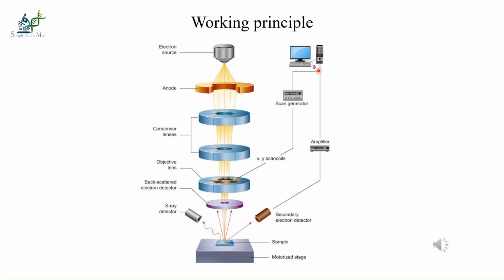This is connected to the computer. And these are the signal detectors: X-ray detector, backscattered electron detector, and secondary electron detector. And here we will keep the sample. The sample is kept on a mounting stage.